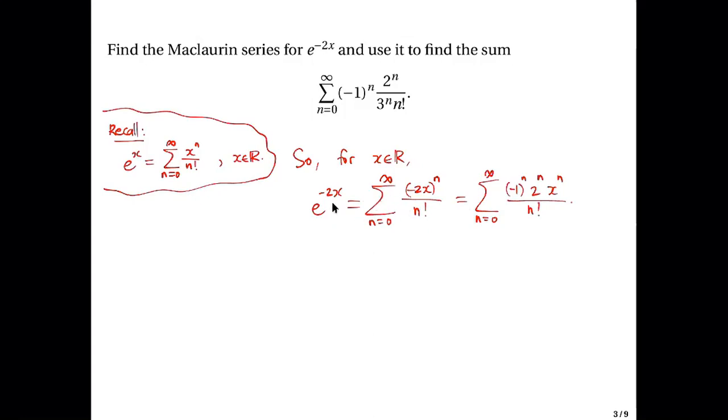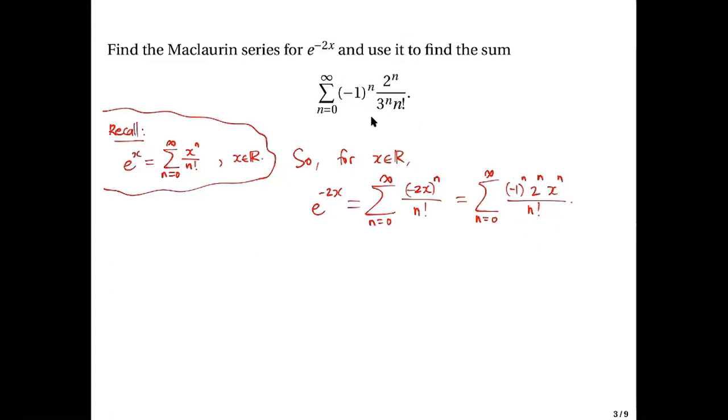So this is the Maclaurin series for the function e to the minus 2x. Now, we want to find the sum of this series here. And according to this, we use the Maclaurin series for e to the 2x. Indeed, if you look at this expression and compare it with this series, we have negative 1 to the n, we have 2 to the n, and we also have n factorial.